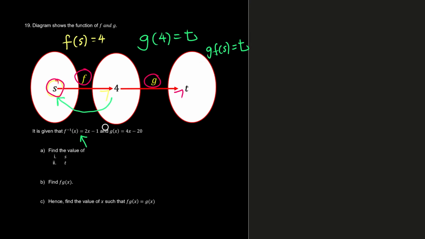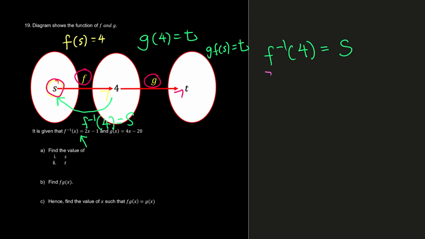So when I inverse the 4, I will have S. Now it's more similar to what they've given us. So I can write down here, F inverse of 4 gives S.